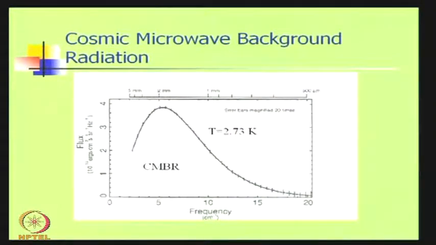And the fit to a black body spectrum is so good and the measurements were so precise that the error bars, the data points are shown over here, and the smooth curve is the best fitting black body spectrum, which corresponds to a Planckian at 2.73 Kelvin.